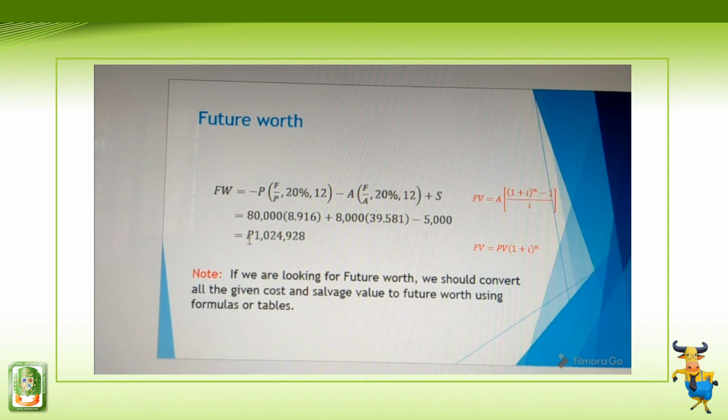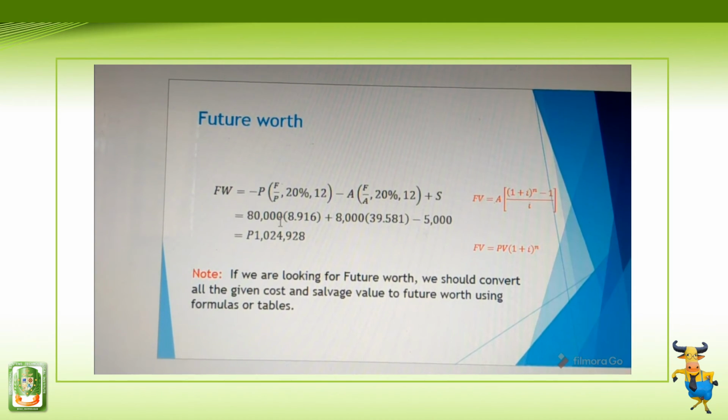So the future worth of manufacturer 1 is 1,024,928. Note again that if we are looking for the future worth, we should convert all the given cost and salvage value to future worth using formulas or tables. As you can see, the cash outflow should be negative.